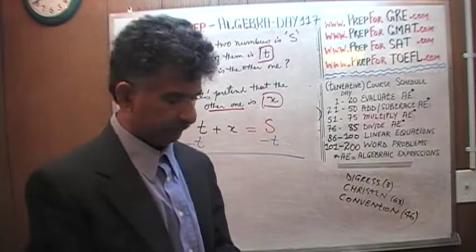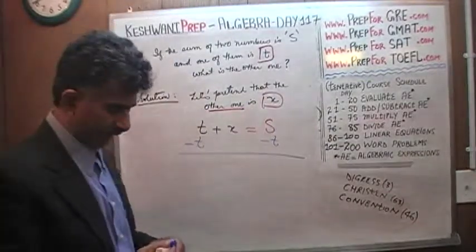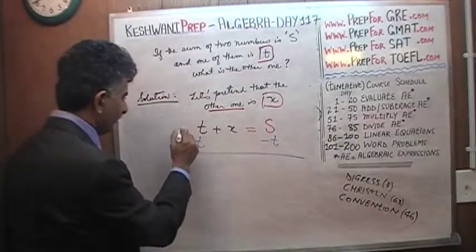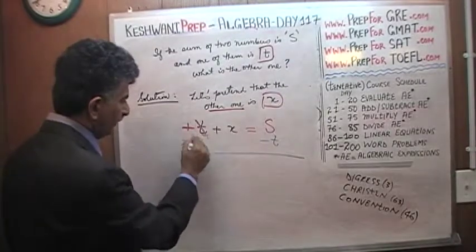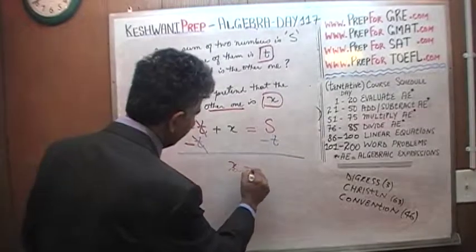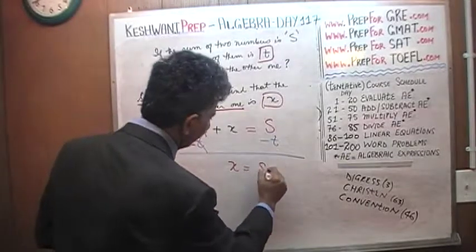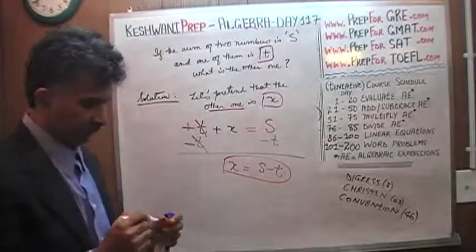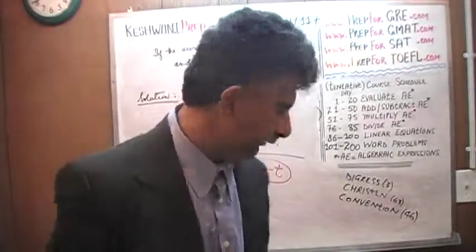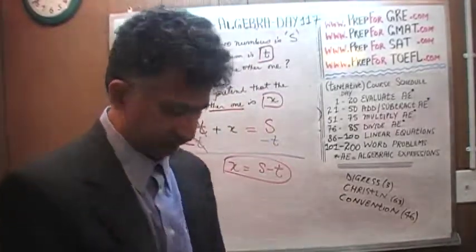You have to say that. You cannot be lazy like I was just now. This has a positive sign in front of it, this has a negative sign in front of it, so they drop out and we end up with X equals S minus T. There's your answer. The question was, what's the other one? The answer is, the other one is S minus T.